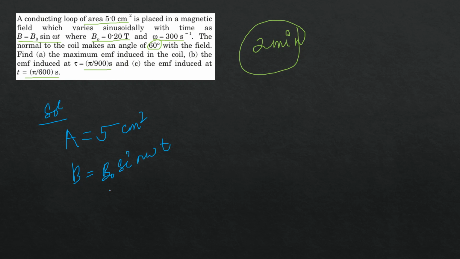Where B naught is also given. B naught is equal to 0.2 Tesla.